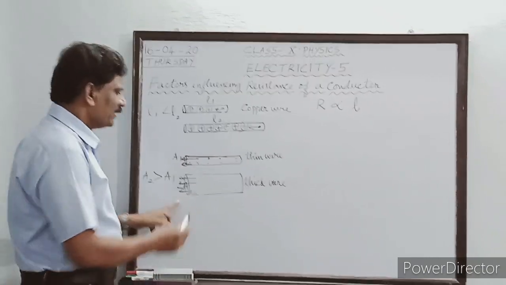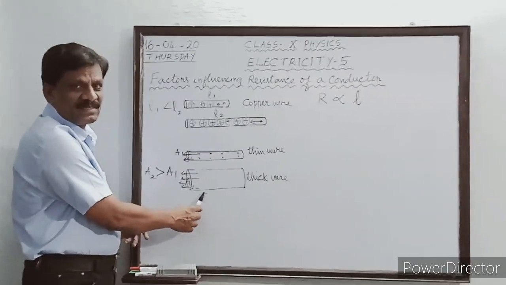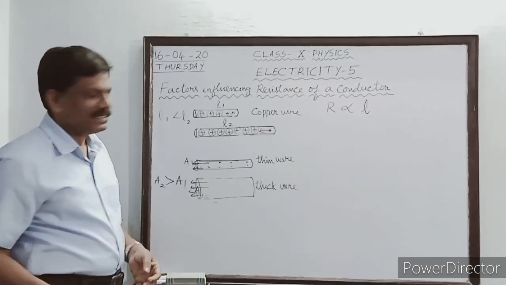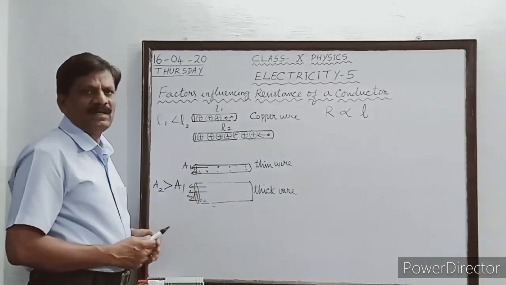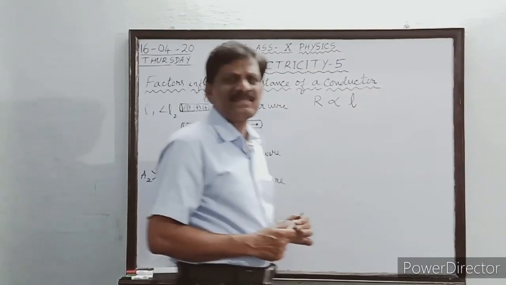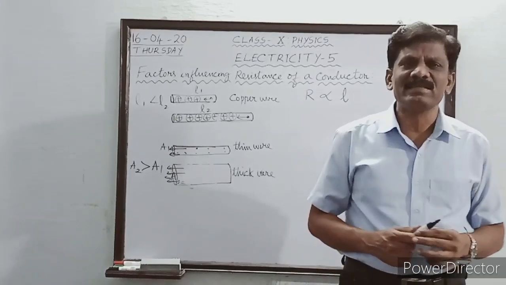That means here in the second wire conduction is more. When conduction is more, resistance is less. Similarly, in the first wire, very few electrons only are coming out, which means the conduction is less. That means the current is less.